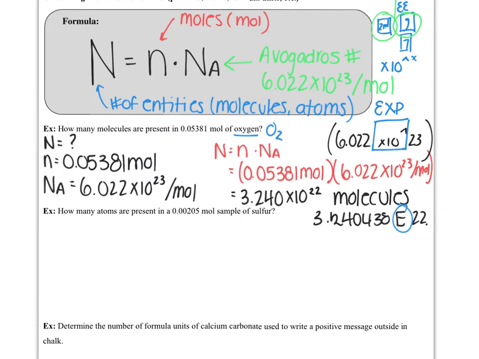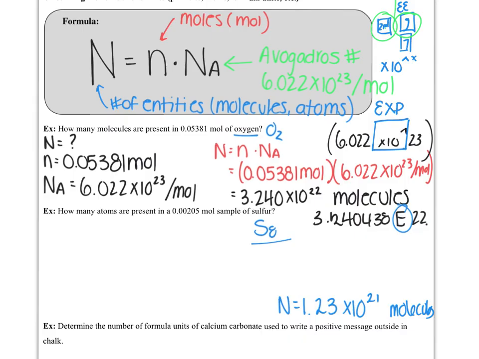All right, the answer I calculated, the number of atoms I got here was 1.23 times 10 to the 21 atoms present, or molecules of sulfur. Molecules, because, again, sulfur is S8, so I can't really say atoms when I'm talking about something that comes in molecules.